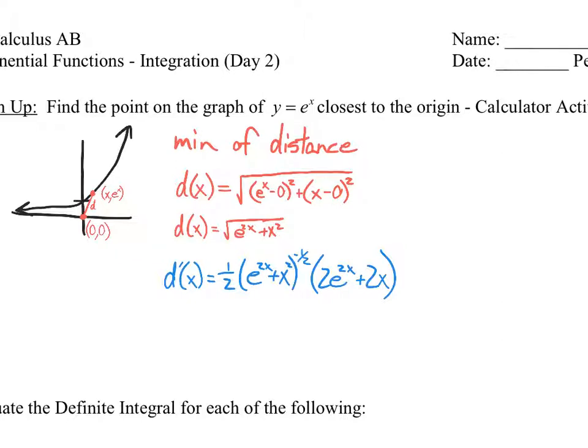For d prime of x, the half I'll distribute into that second set of parentheses, which just makes it e to the 2x plus x, all over the square root of e to the 2x plus x squared.